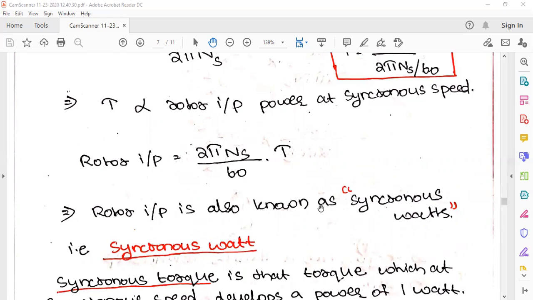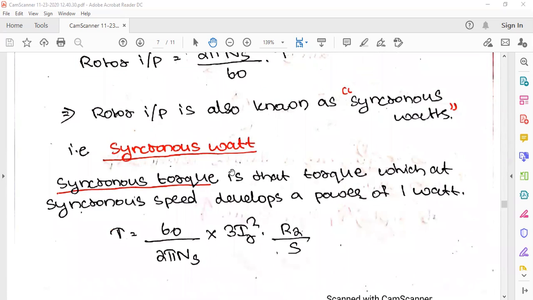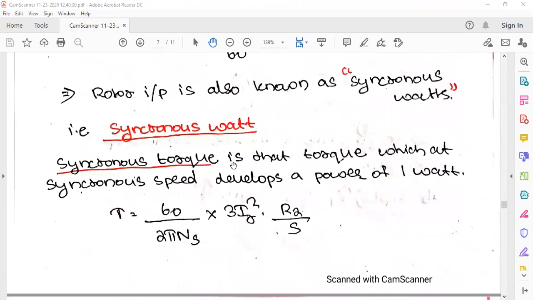Why do we say synchronous watts? Because it is the rotor power at the synchronous speed only, and that is proportional to torque. That is what we derived now. So a synchronous watt, that is how we can say that synchronous torque is that torque which at synchronous speed develops a power of 1 watt.